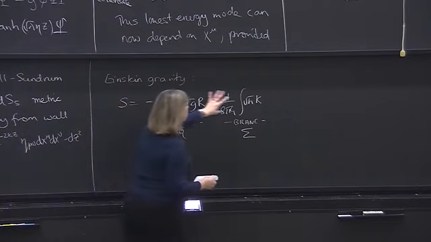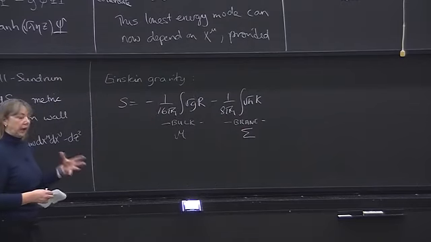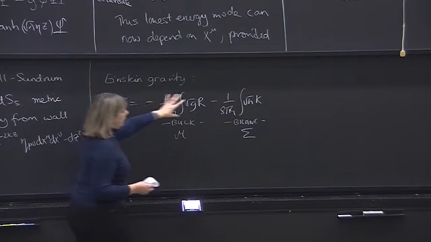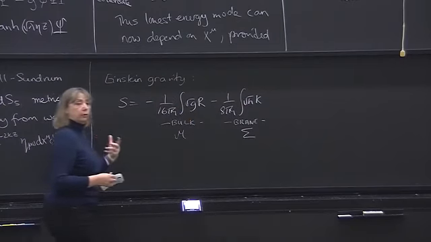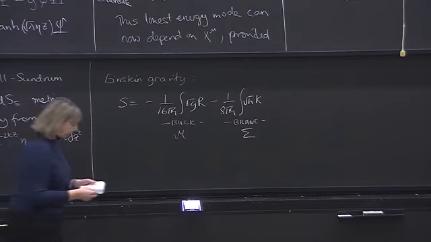So these are just some terms that we use, bulk and brane. And when we derived the Gibbons-Hawking term, we varied the boundary term, but at that point we were assuming that h was held fixed on the boundary, because we were doing Euler-Lagrange.